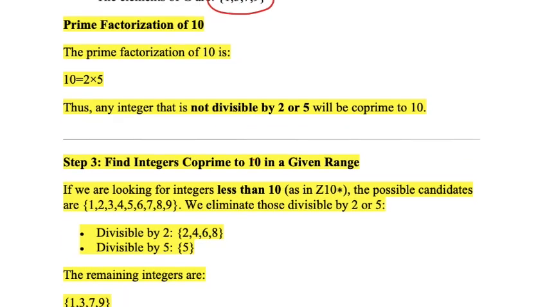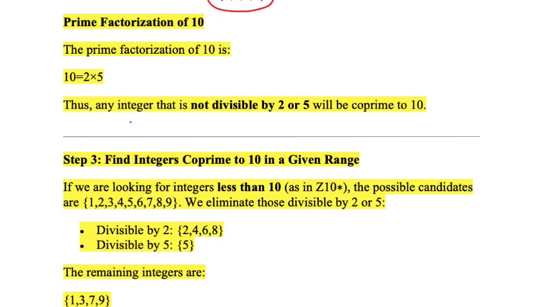First we need to find the numbers divisible by 2 and 5. The numbers less than 10 are 1, 2, 3, 4 and up to 9. From these, the numbers divisible by 2 are 2, 4, 6 and 8, and the number divisible by 5 is only 5.